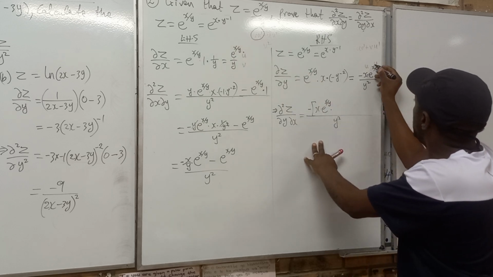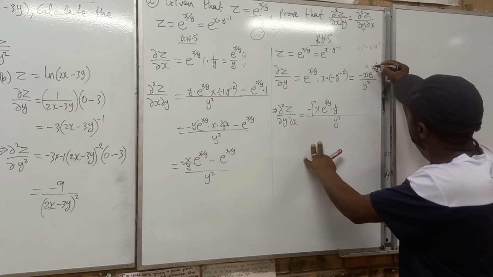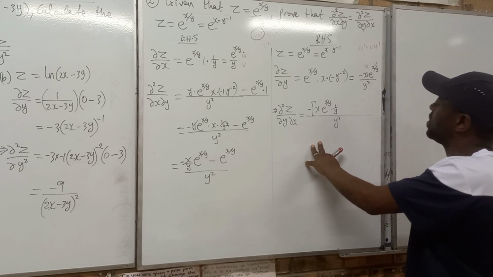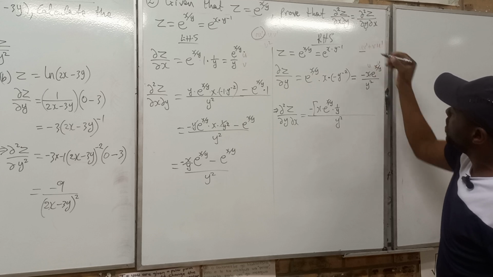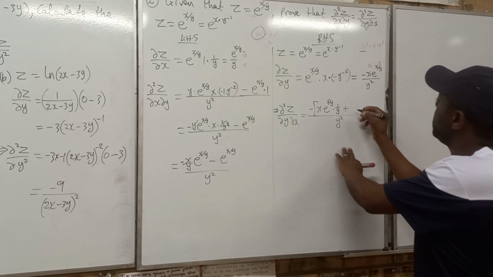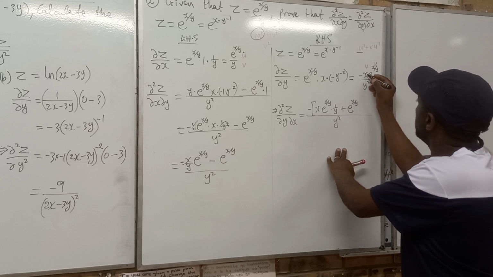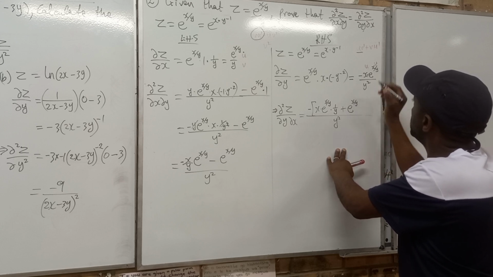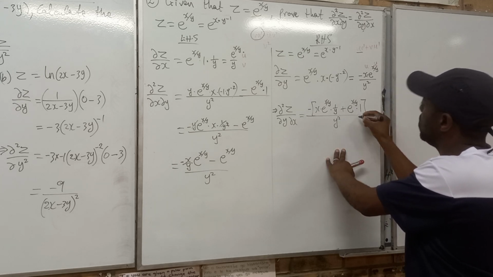So in this exponent, if I differentiate only x, that will give me 1 over y, because I have x over y, I'm only differentiating x. So I've succeeded to do u v prime. I'll then add v u prime. My v is e to the power x over y, then my u is x. If I differentiate x with respect to x, it gives me 1.